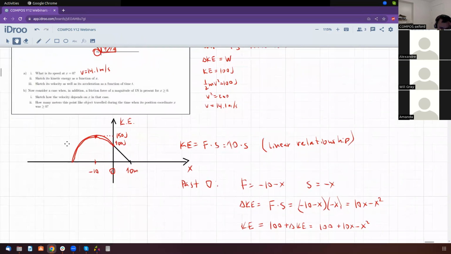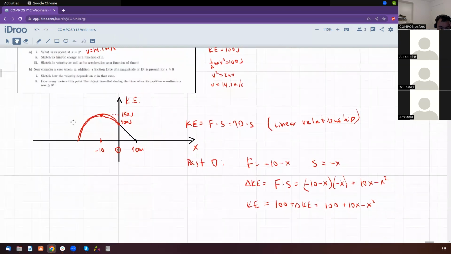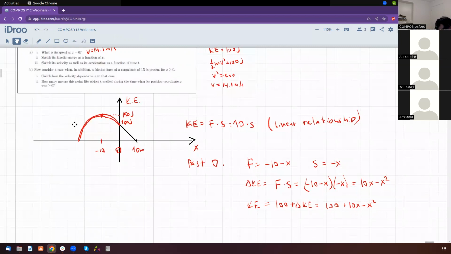Why do I go to 16? Minus 1, 10, 100. Of course. Still doesn't explain it. There's going to be plus.